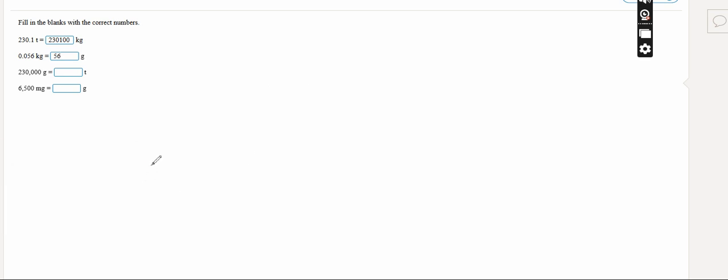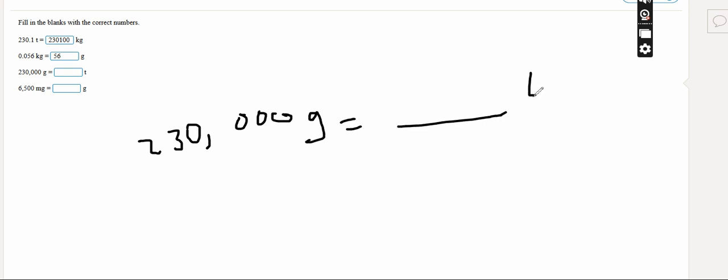Now the next one is 230,000. That's your grams into ton. Now remember, when you're converting grams into ton, there are 2 conversion factors you're supposed to keep in mind. One which will go from your ton into your kilograms. The next one which will go from your kilograms to grams.